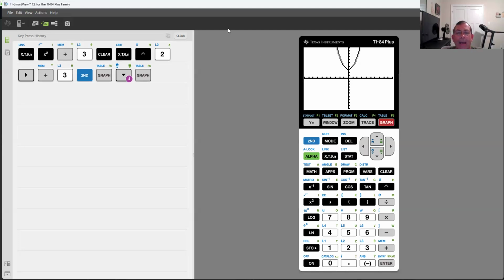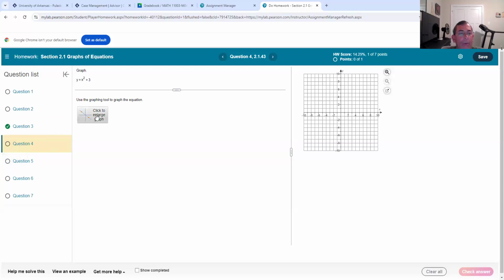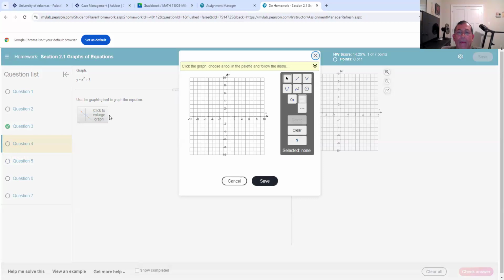So for Math Lab, I want to click to enlarge graph. I'm going to choose my 3-point quadratic tool. And then I'm just going to plot them numbers. I had -1, 4.